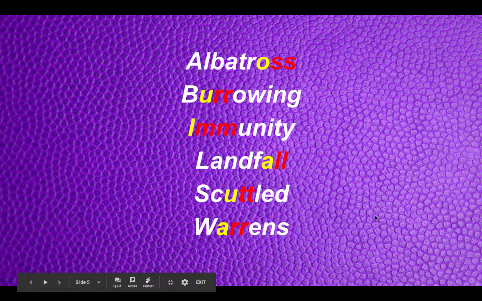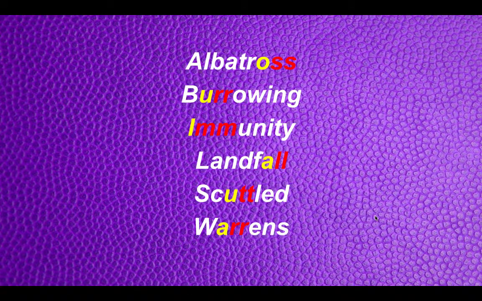Now, did you notice that in most instances, the vowel sound that comes directly before our double letter combination makes a short vowel sound. O, A, I, and A down here as well.